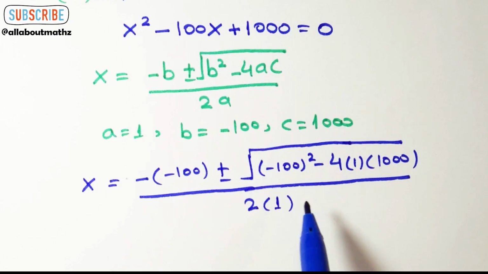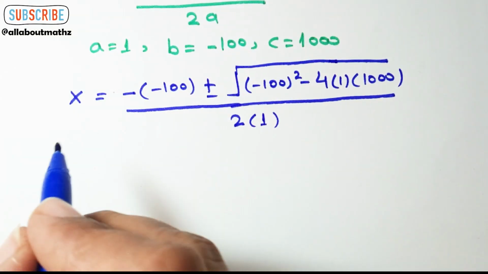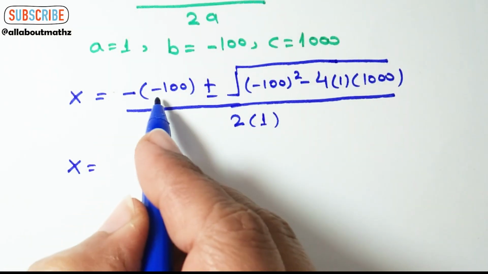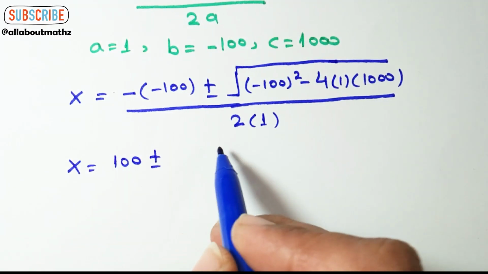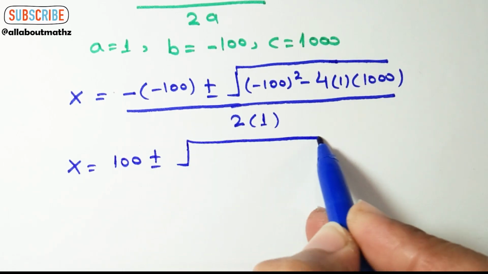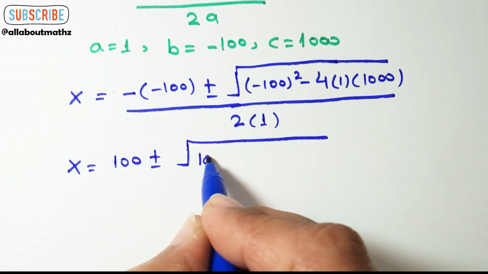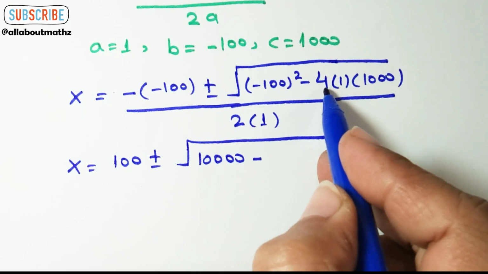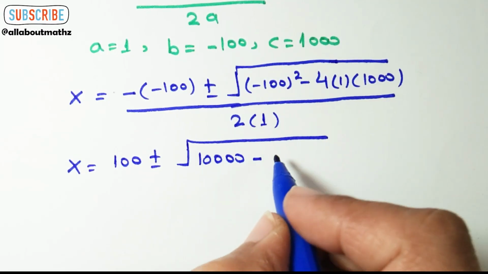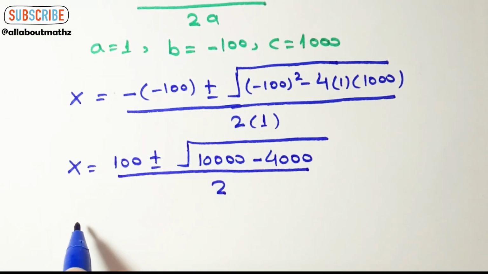So now we will solve it further. X is equal to, this minus and minus will make plus sign, and we have 100 plus minus square root of 100 multiplied with 100, which gives us 10,000, minus 4 into 1 is equal to 4, and 4 into 1000 is equal to 4000, and whole divided by 2.